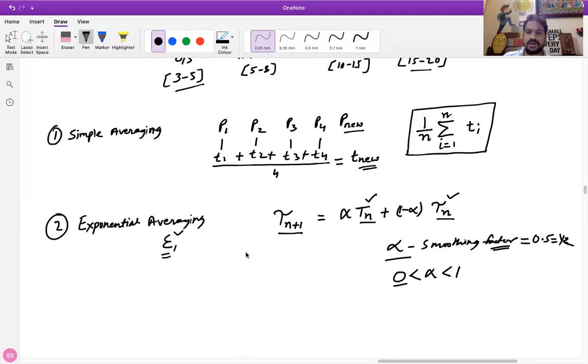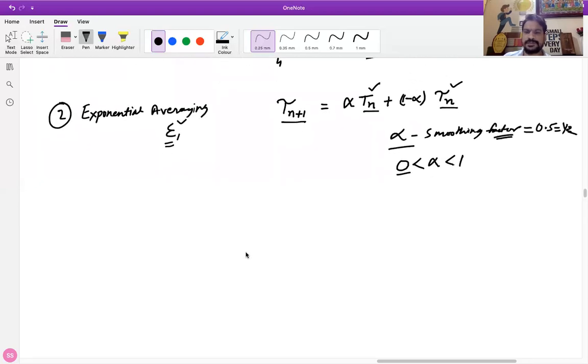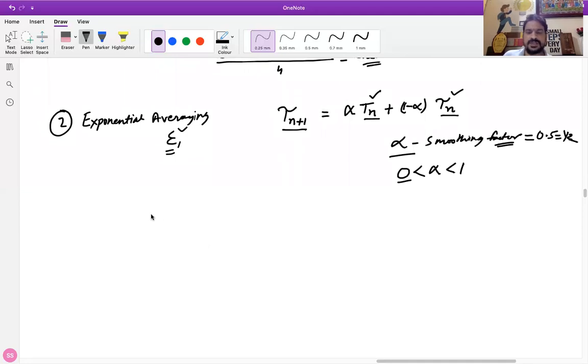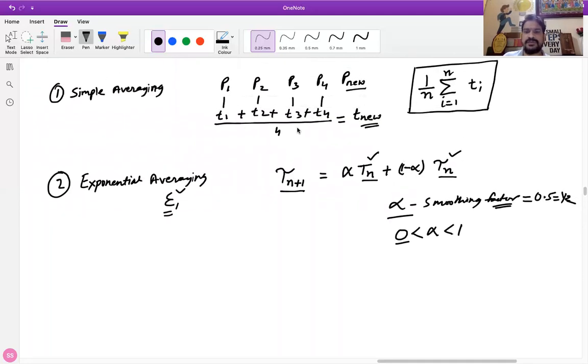Okay, let's talk about this particular formula in detail. Let's say you want to calculate the burst time of my new process, which is the fifth process. I should know the burst time of the previous process and the predicted burst time of the previous process. This is the actual burst time of the previous process, which is T4, and we have a predicted burst time of the previous process, which is tau 4.